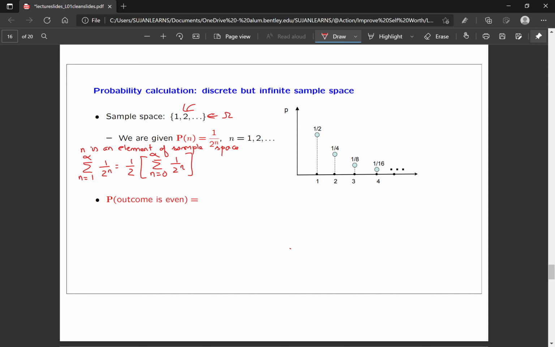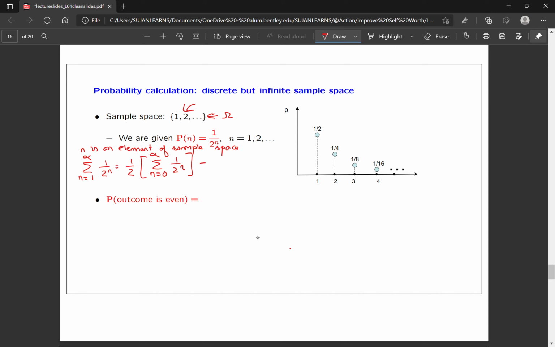What we have at hand is a geometric series.